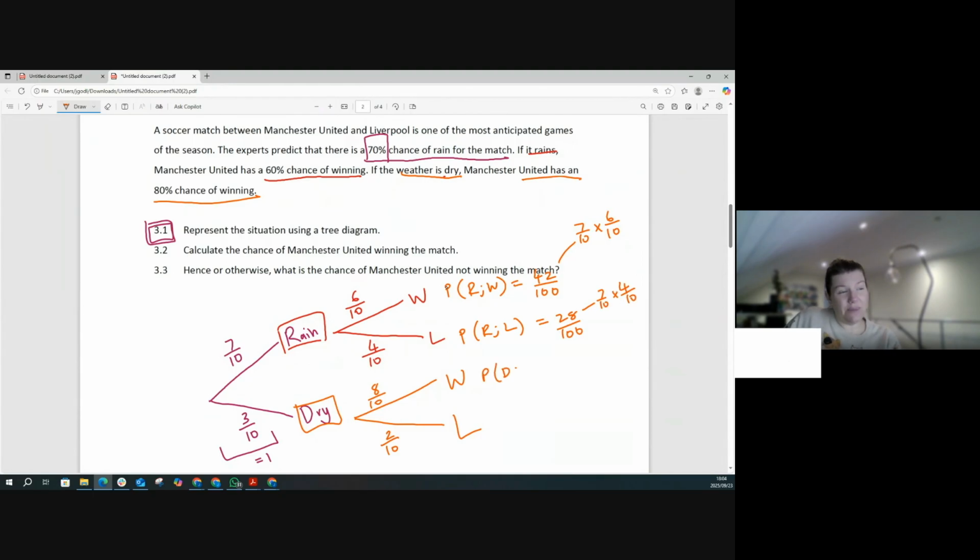Probability of it being dry and them winning, it's going to be 24 out of 100. And probability of it being dry and them losing is going to be 6 out of 100.